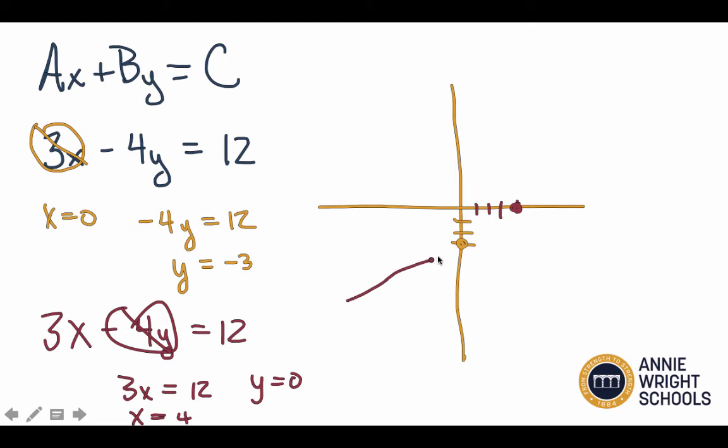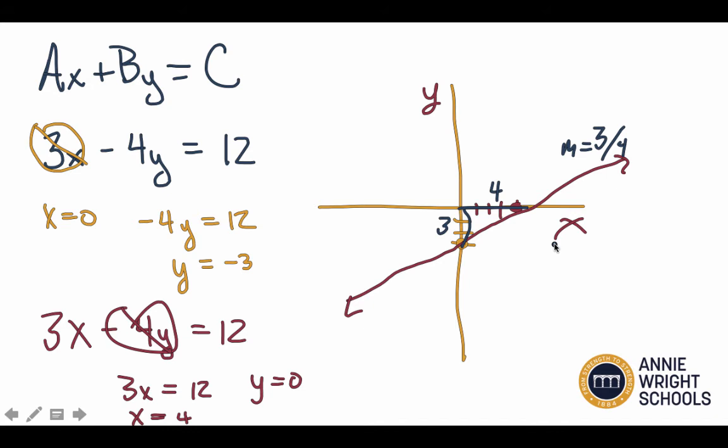And now you just connect the two intercepts, and you're done. Now what you don't get with standard form is nobody tells you what the slope is, but you can find it. It's up 3 and over 4. So this is 3/4. That would be the slope. And so there are your 3 lines.